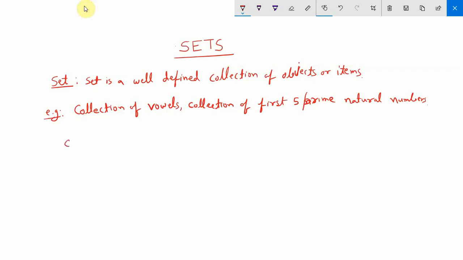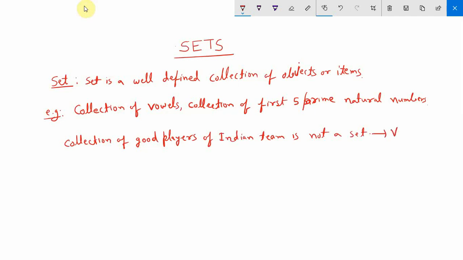So we can say collection of good players of Indian team is not a set, because it is not clearly defined.